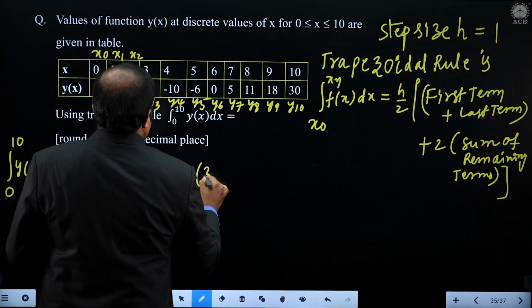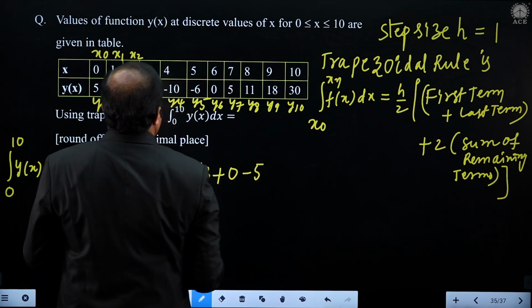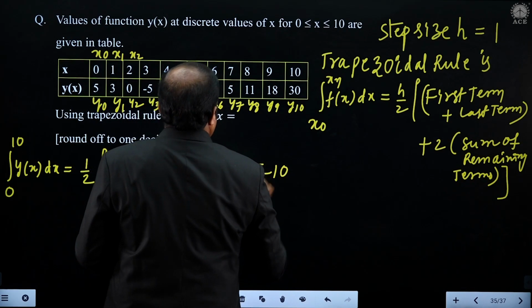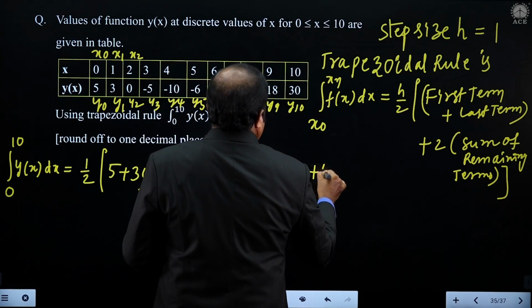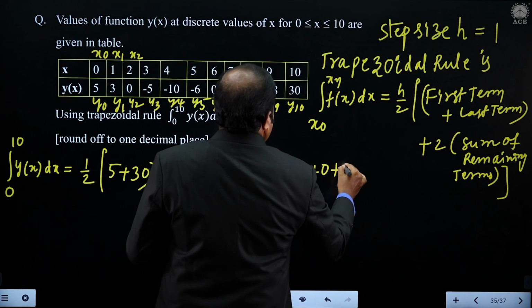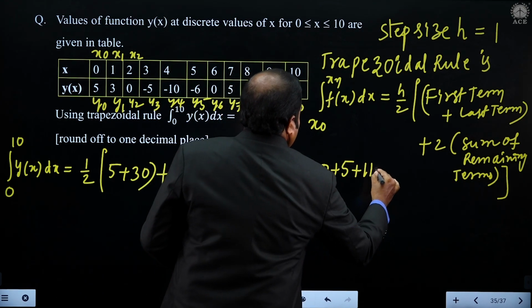So that is 3 plus 0 minus 5 minus 10 minus 6 plus 0 plus 5 plus 11 plus 18.